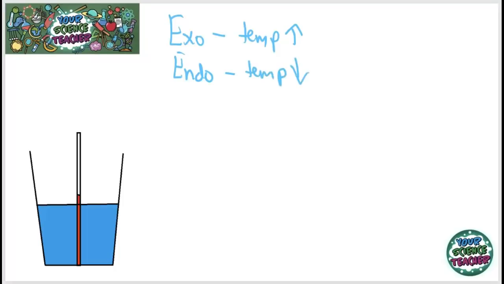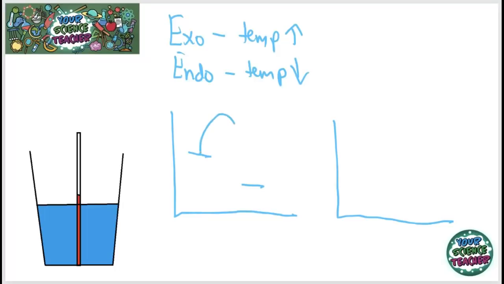Now, what we can do for our exothermic and endothermic reactions is we can draw something called a reaction profile for these reactions. Now, in my exothermic reaction, my reactants have higher energy than my products. And if I plot my reaction over time, then it will look like this.